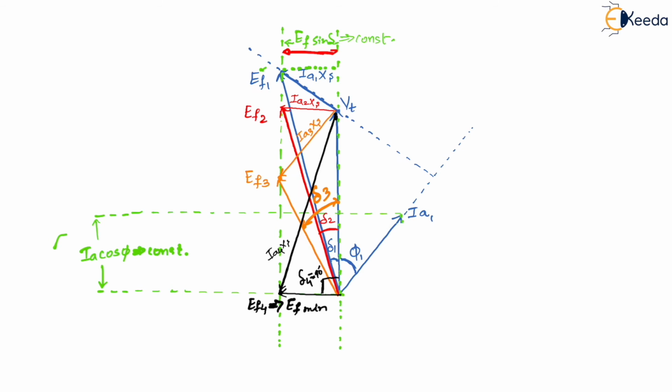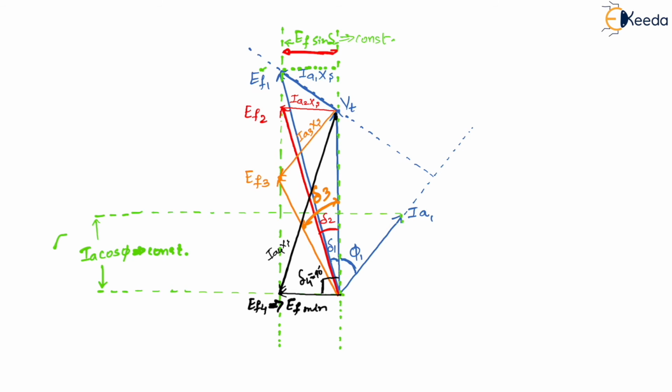Now, what happens to IA? Let us see. If you consider the IA1 axis, see here, what happens? For example, let me consider the IA2 axis. If I think of the IA2 axis, what should happen? At 90 degrees to the IA2 axis, I should have my IA2.